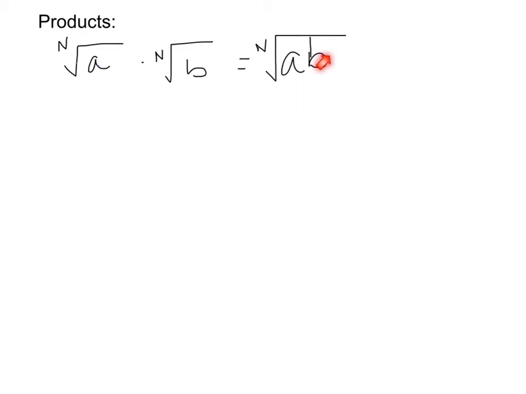So let's look at our first example. I am going to give you the fourth root of 12 times the fourth root of 5. Check to make sure the indexes are the same. They're both fourth roots.